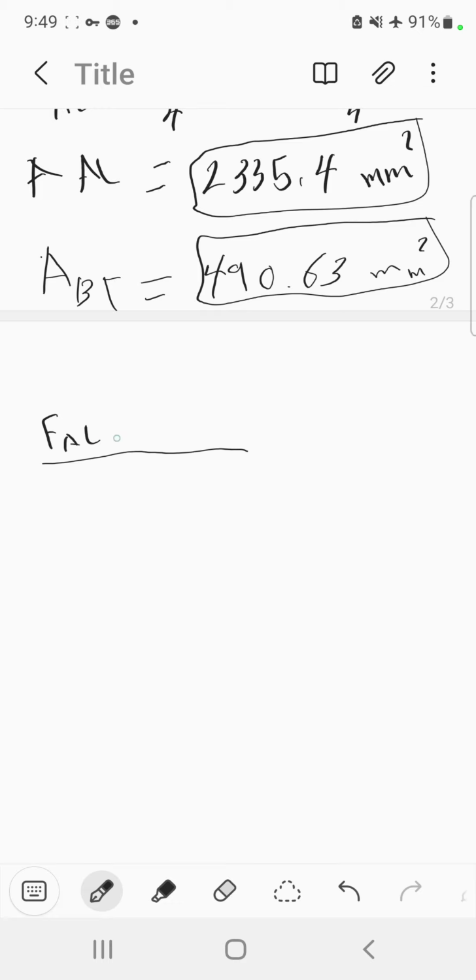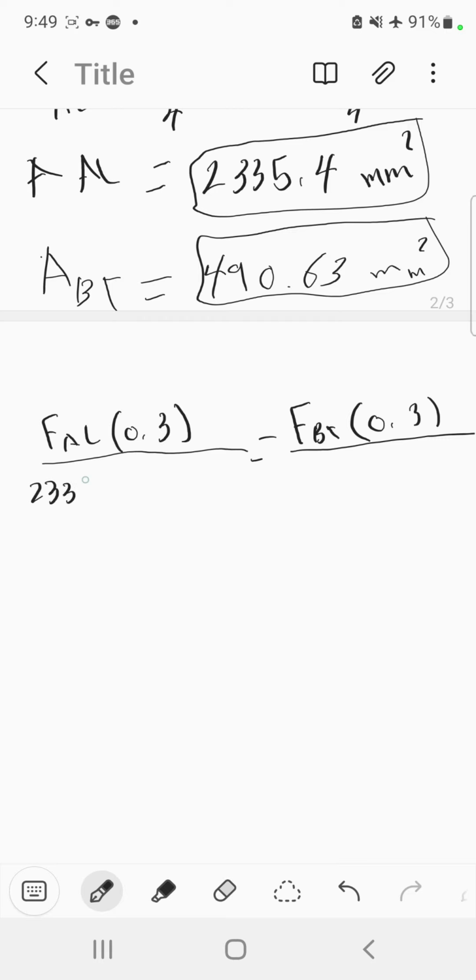Force of aluminum, we don't know it yet, multiplied by 0.3, equal to the force for brass multiplied by 0.3, because this is L, this is L. For the area, we know the area here is 2335 times 10 to the power minus 6, because it's in millimeter square.